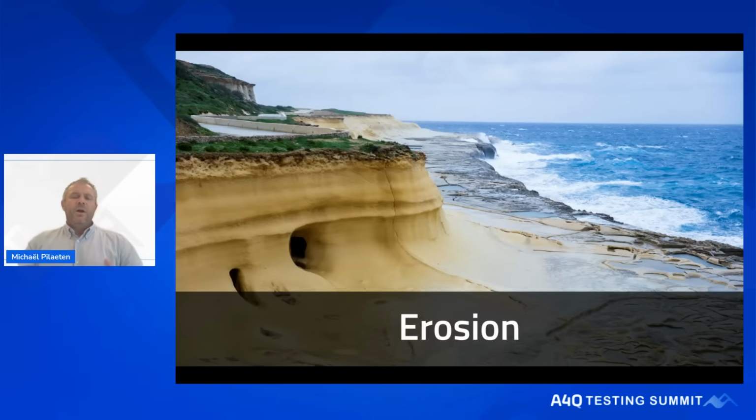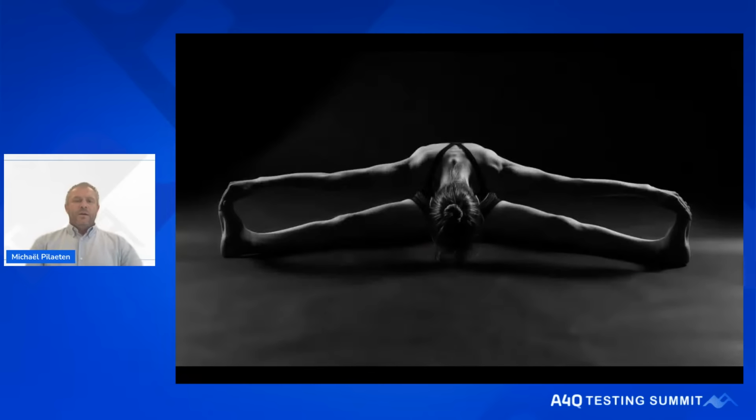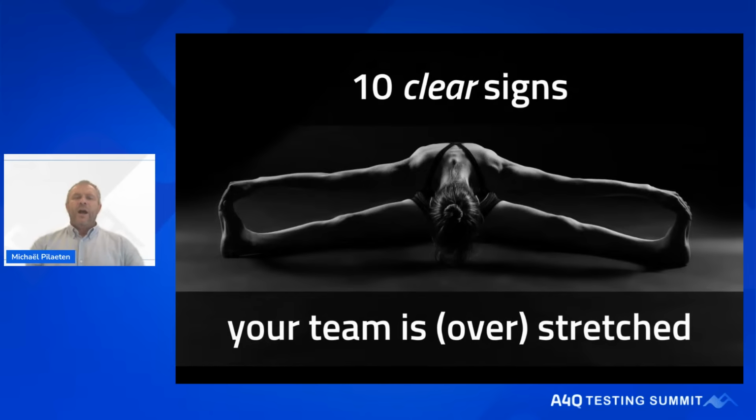So overall, a lot of things can and might go wrong with your team when you are not paying attention, when you don't respect your boundary values, when you assume that all is and will stay forever fine. So to avoid ending up in a situation where your team members or your team fail to deliver quality at the right time, at the right budget, at the right pace, I would like to share with you 10 clear signs that your team is overstretched, stretched too hard.